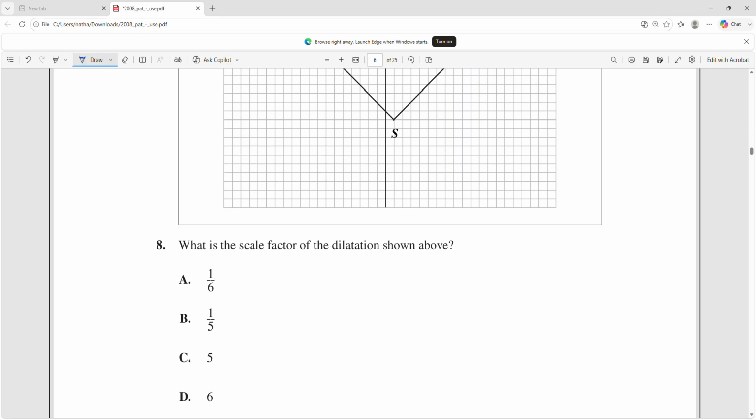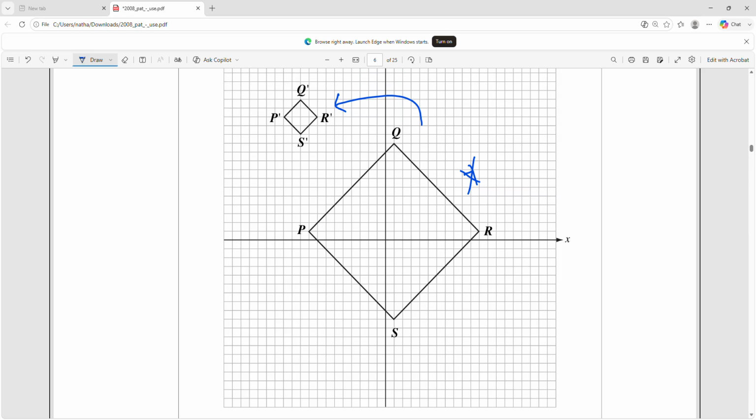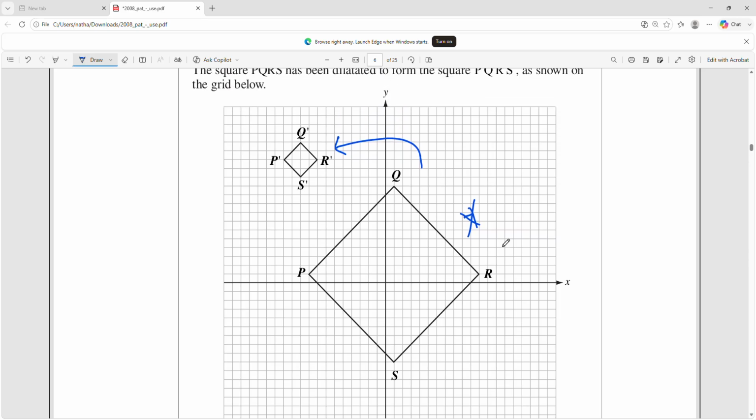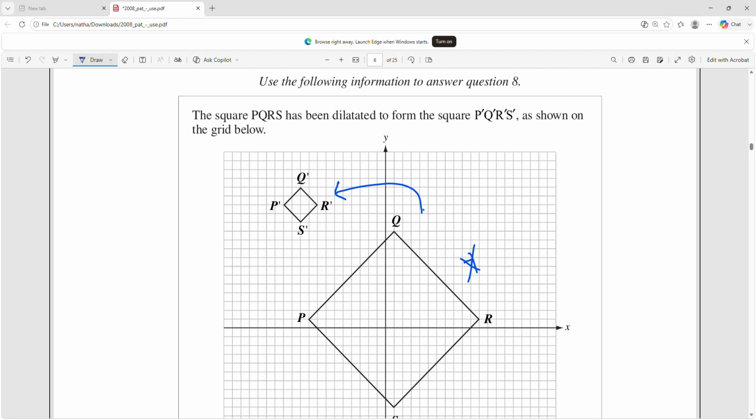What is our question? What is the scale factor of the dilation shown above? So basically, what is our scale factor in going from this one, because we started with the square PQRS, and then it said it's dilated to form this one. So think about it this way. We're starting with this one and we're going to this one. So what would be my scale factor? Did it get bigger? No, well, it got smaller.